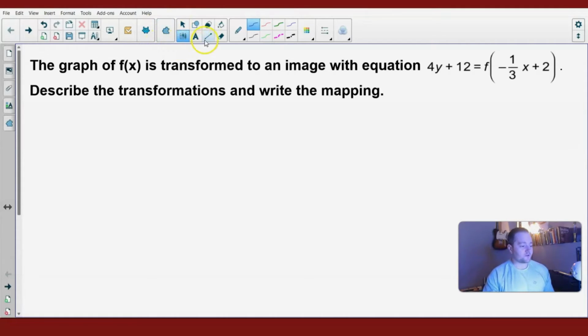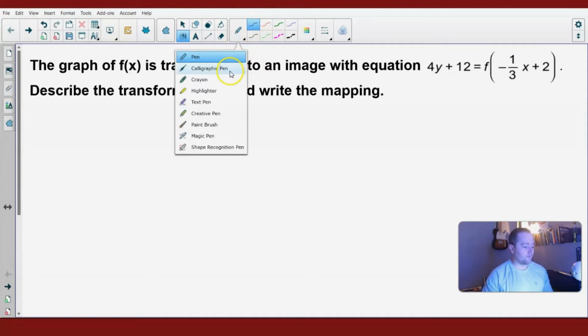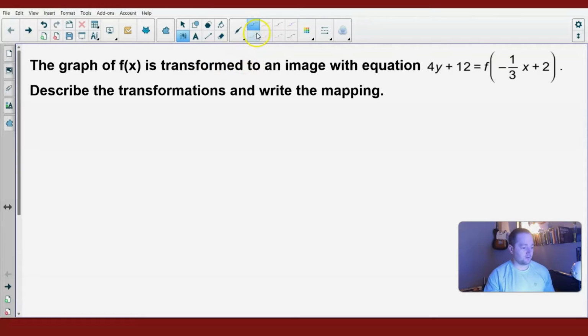So the first thing I tell my students is, if this thing is not in the correct form, it has to be put in the correct form. And everything after that, if it's not in the correct form, is going to be wrong. Well, some of it after that might be wrong. So let me rewrite this thing. 4y plus 12 equals f of negative 1 over 3 x plus 2.